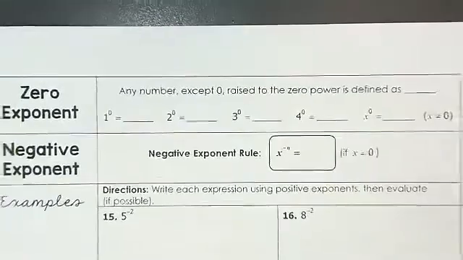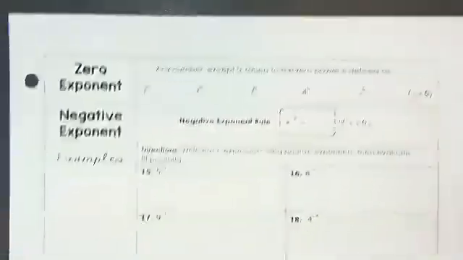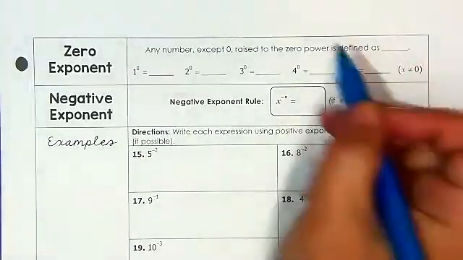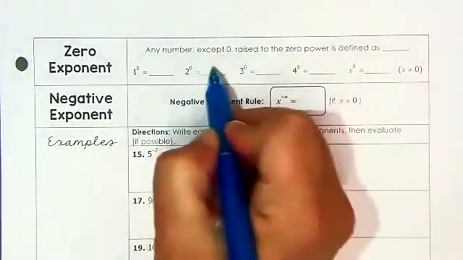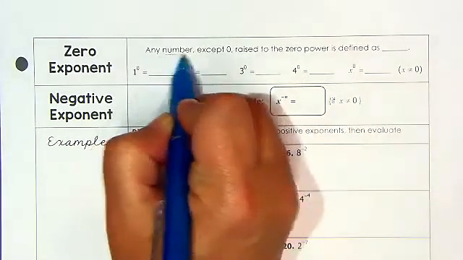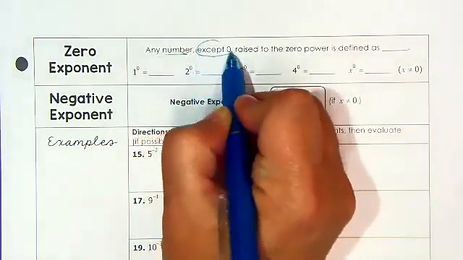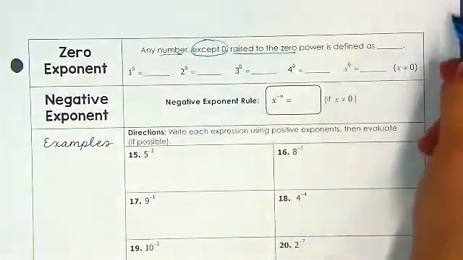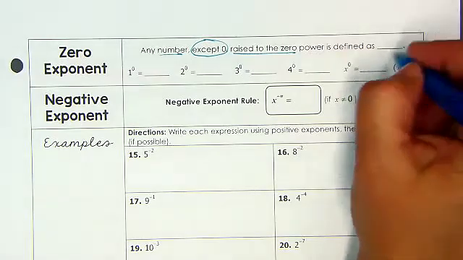This is where we're pulling into some kind of special scenarios when it comes to exponents. This is where in the pre-teach video, it explained this very nicely. Any number except 0 raised to the 0 power is defined as 1.